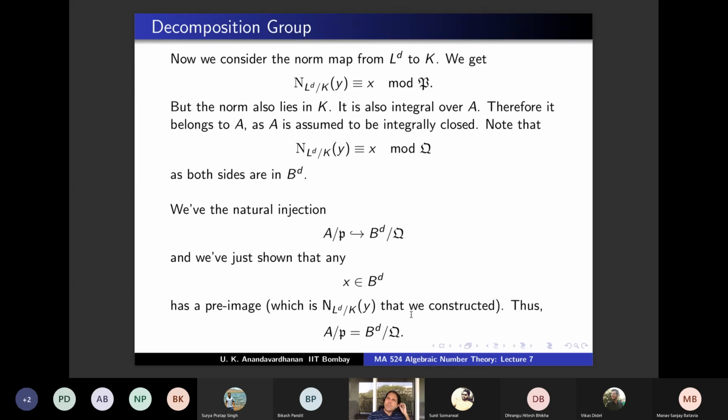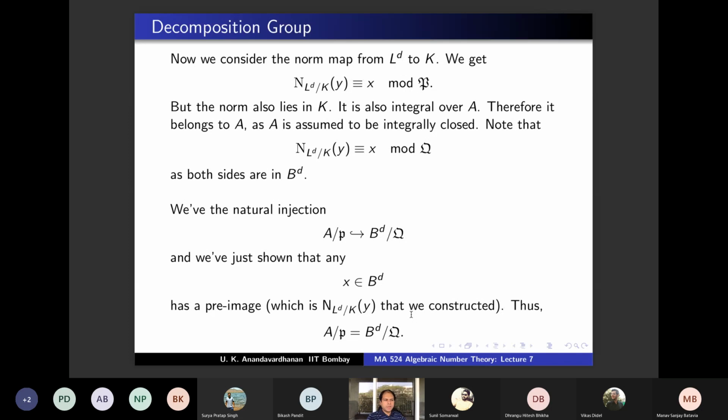As a corollary, for any separable extension, we showed that given a prime below, at most finitely many primes are there above. And this we proved by going to the Galois closure. Then we defined the decomposition group. The Galois group acts on the set of primes lying above, and the decomposition group of P is the stabilizer at P.